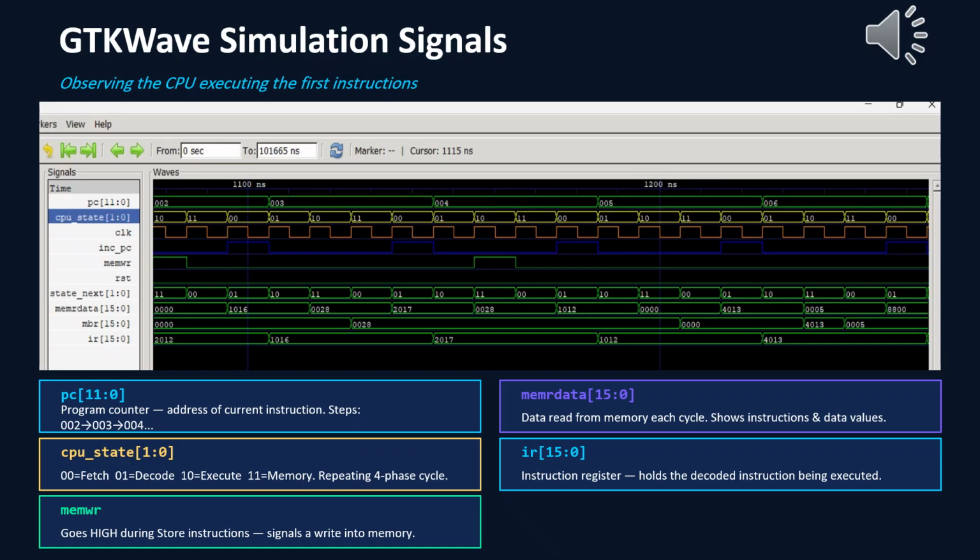We can see that the memory data has a block for fetching and decoding, and the other two have their own block here in the system.